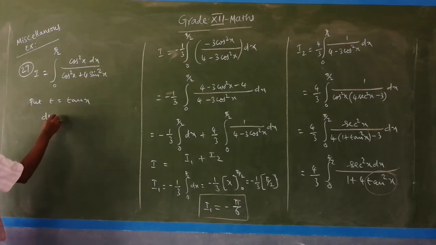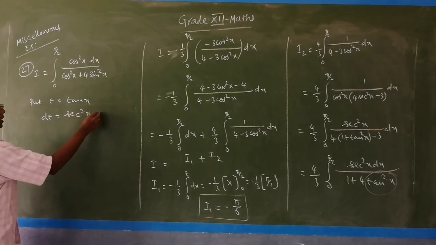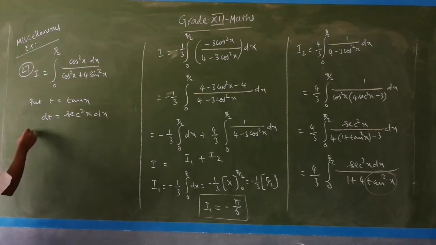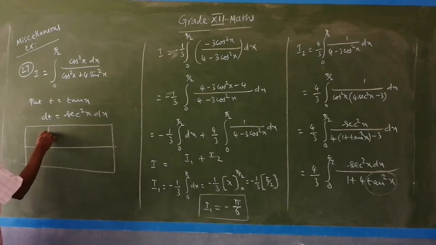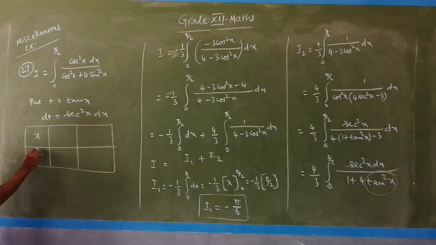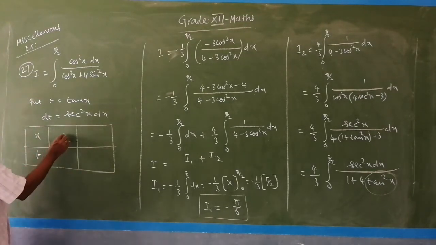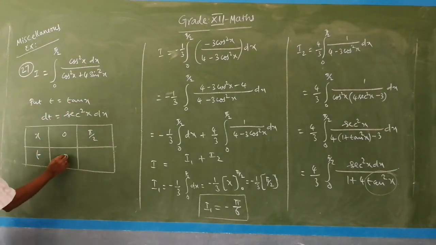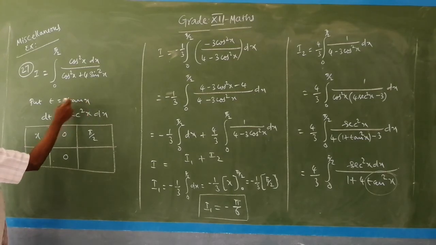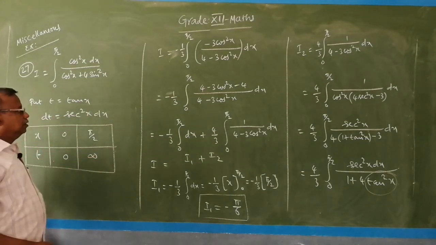Therefore dt equal to secant square x into dx. Now we need to change the limits also for the new variable. The limits given for x are 0 and pi by 2. When x equal to 0, tan 0 is 0. When x equal to pi by 2, tan pi by 2 is infinity.